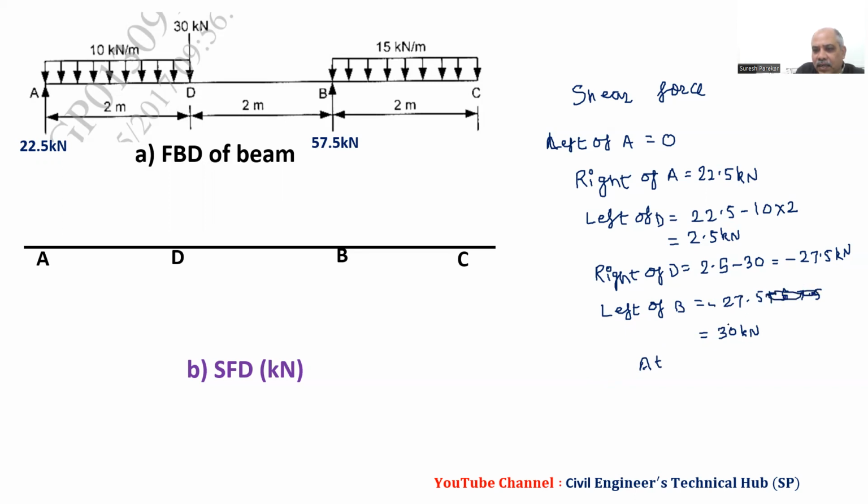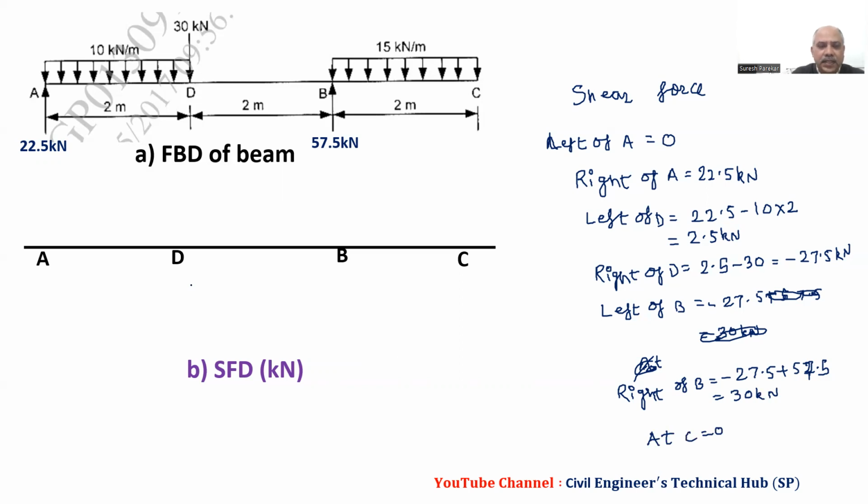So these are at right of B. Left of B will be as it is. And then right of B, we have minus 27.5 plus 57.5, and it will be 30. And at C, it is 0.